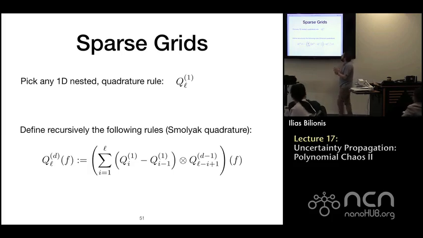Anyway, to define the Smolyak quadrature, all you really need is tensor products, and that's a formula. You probably need to meditate with it for like a week to understand it, and perhaps you also need to program it in order to understand it. So I'm not even going to attempt to tell you what it does.